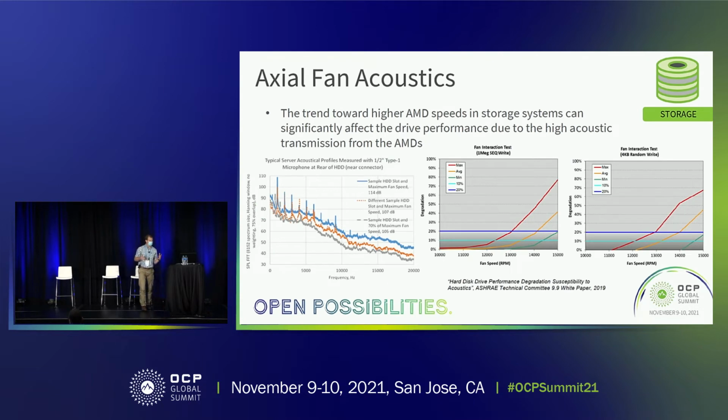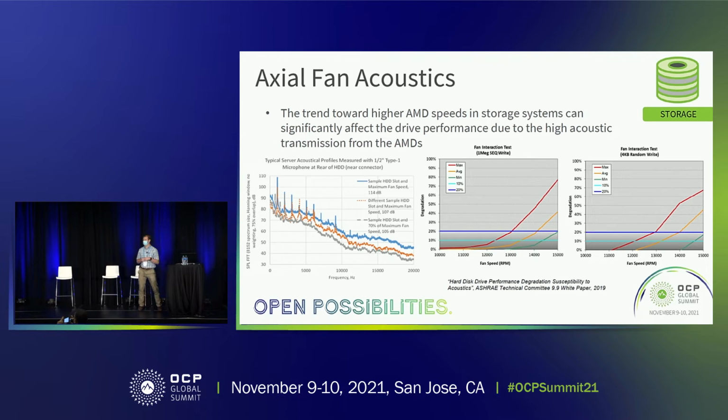And so one of the things we've done is we've been looking at how much of an effect this has on the drives. And the trend towards these higher AMD speeds is becoming more and more of a factor. On the left, it shows we used a microphone near a sample slot, and there's 3 plots there.